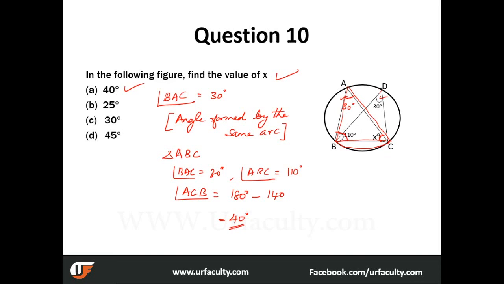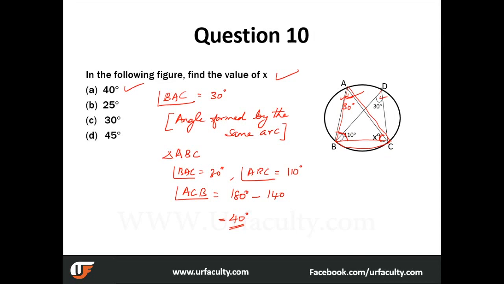Please note, this is a very important concept which is used multiple times in this chapter. You will also see similar kinds of questions in your GRE and other exams. This concept is important for arriving at 30 degrees, the angle subtended by an arc on the circumference of the circle.